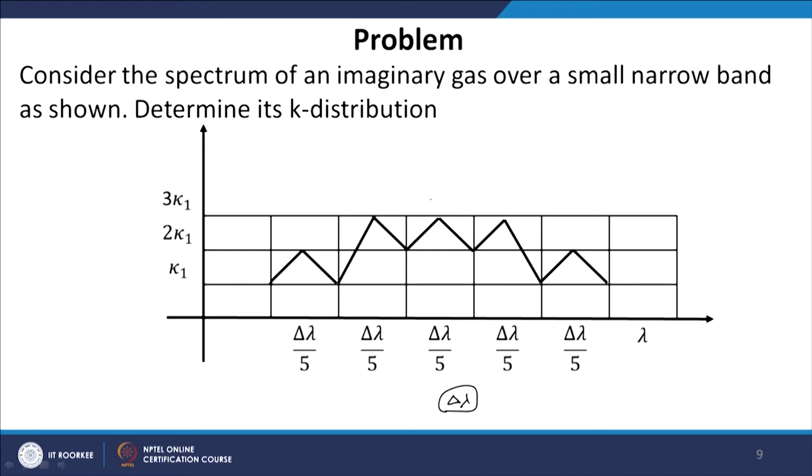So, the absorption spectrum is a simplified absorption spectrum. This is not realistic, this is just a fictitious imaginary spectrum. We have to generate the K distribution for this, or we have to map this spectrum from wavelength space to a cumulative function. So, let us see how we can do it.